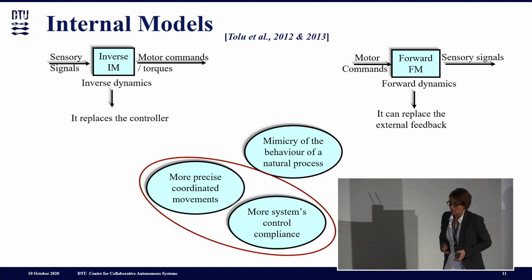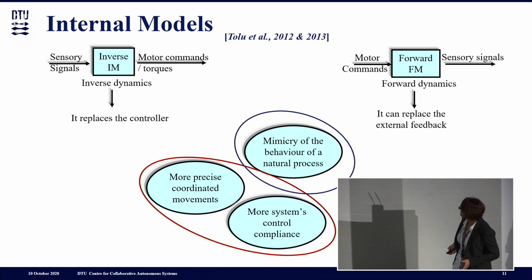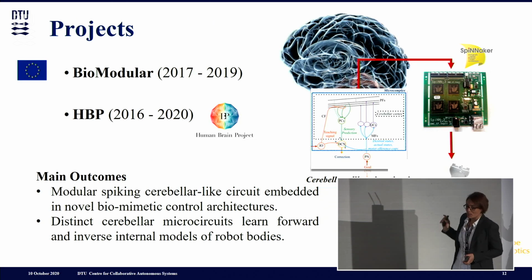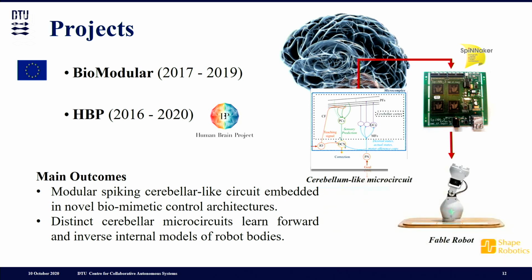What I'm going to do is give you some examples about these two first, and then these last. Before that, I would like to tell you that the results were obtained in the framework of two European projects. The first was my Marie Curie project by Biomodular, and the second is a flagship, actually the most funded flagship ever by the European Commission, to reveal the mystery of the complexity of the brain.